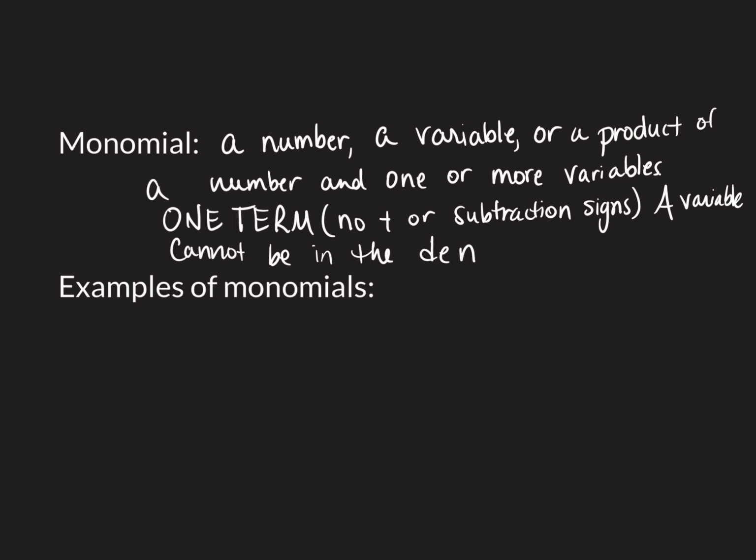Okay, I'm going to make a list of things, and we're going to see if they are monomials. And they may not all be monomials. We will circle the monomials.